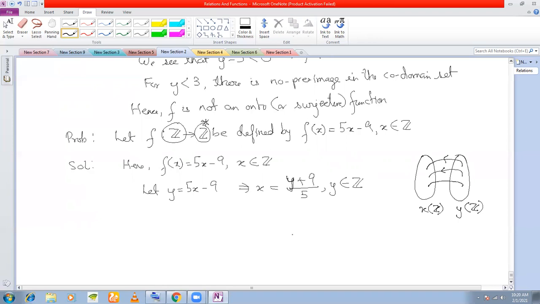Can you just see for a few seconds and tell me whether we will get an image? Yes, tell me.